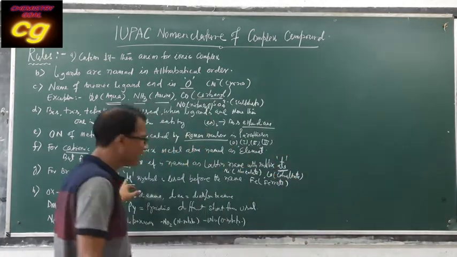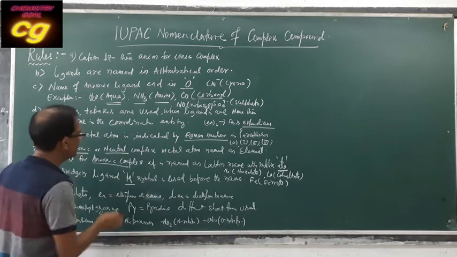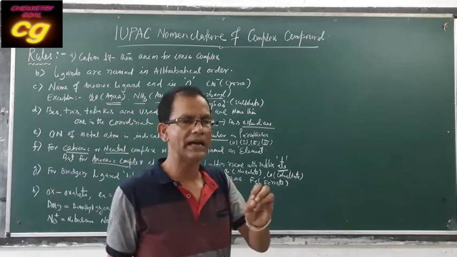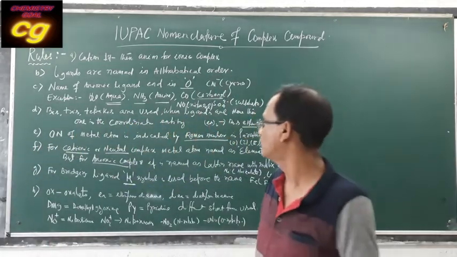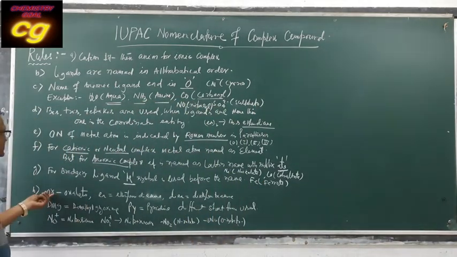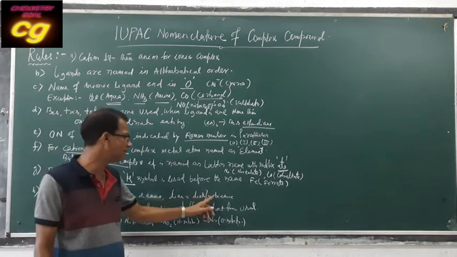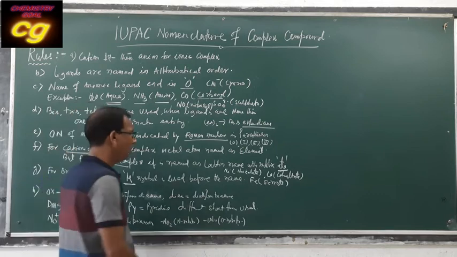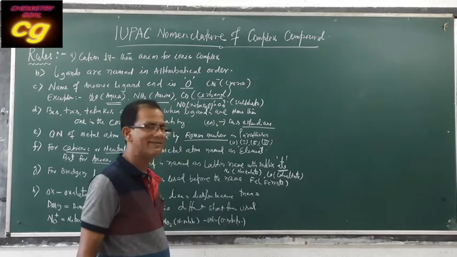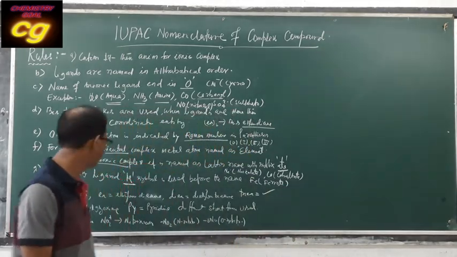If a bridging ligand is there, then we prefix the mu symbol before the name. Mu indicates it is a bridging ligand. Then some short forms are used. OX indicates oxalato, en indicates ethylenediamine, dien indicates diethylenetriamine, and similarly trien indicates triethylenetetramine.